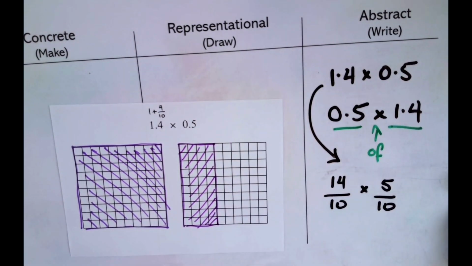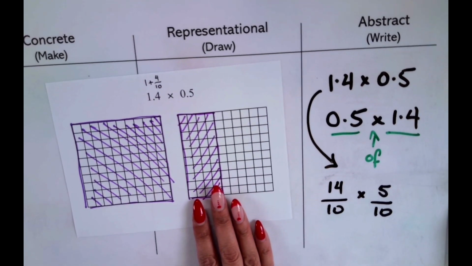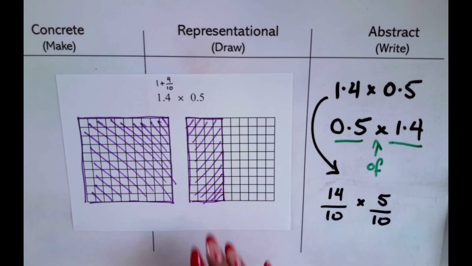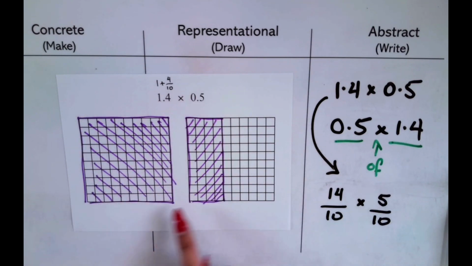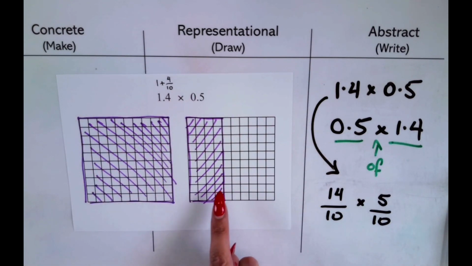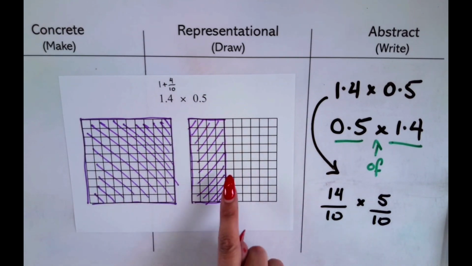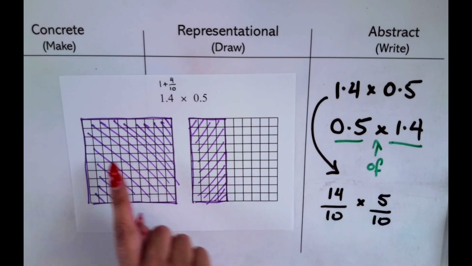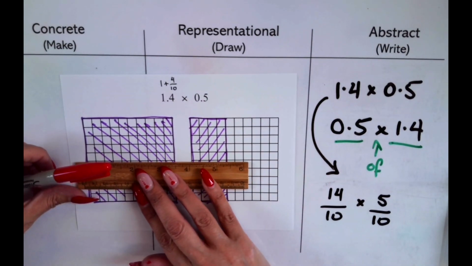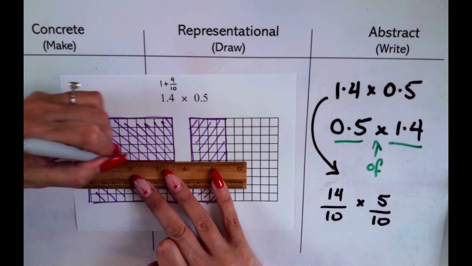And this is where a very similar situation to fractions comes in, where I want to take a half of this, or 5 tenths of this fraction or this decimal. So here I've got 1 and 4 tenths. I want to take 5 tenths of these two.